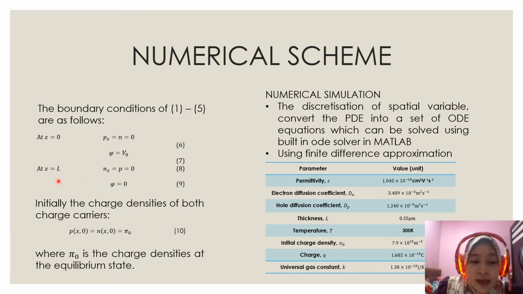While at x equal to L, p equal to n equal to 0, and the potential difference assumes 0 at this point. So in the initial condition, where t is equal to 0, both charge carriers equal p naught, which is charge density at the equilibrium state.